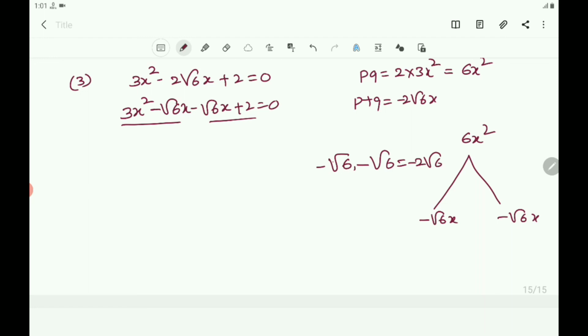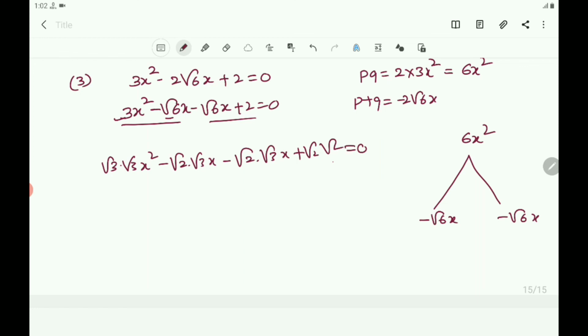In the first group, you know that 3 is there, root 6 is there. So 3 means root 3 into root 3. You can write root 3 into root 3 x square, minus root 2 into root 3 x. Then minus root 2 into root 3 x plus root 2 into root 2 you can write, equals 0.